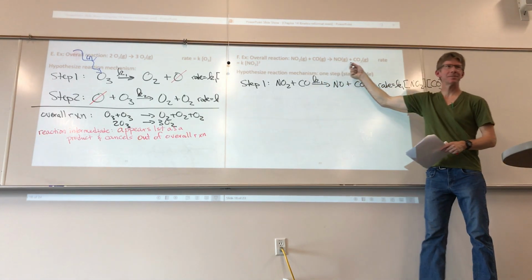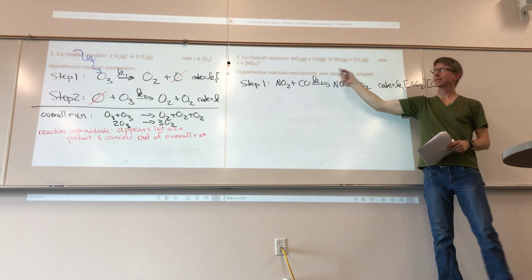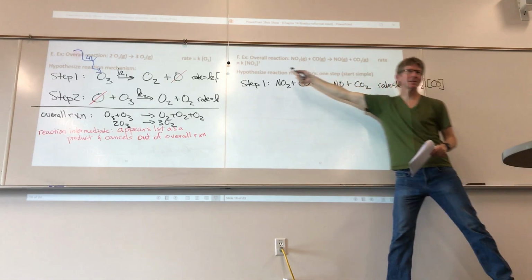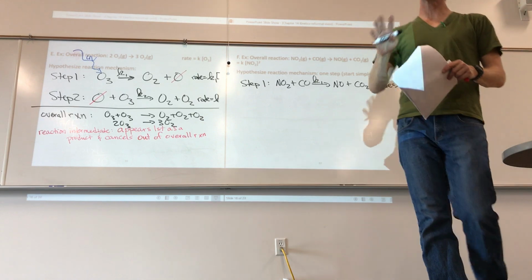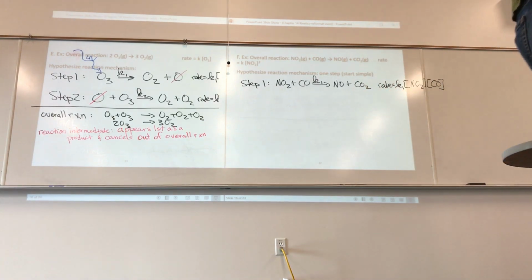It does. Does it match the experimental rate law? No. So it's a bad hypothesis, but I encourage you to always start simple. The simplest one is to assume the two reactants collide with each other, make products, done.